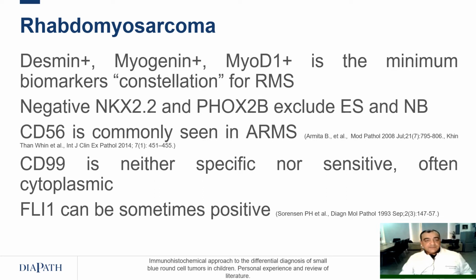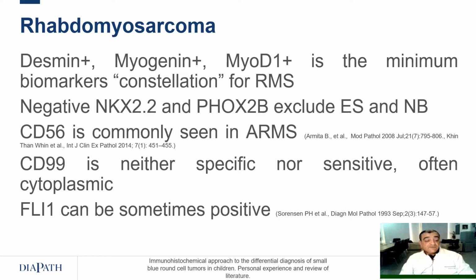So in summary, rhabdomyosarcoma must have a minimum constellation of positive biomarkers in order to be called rhabdomyosarcoma. Those include desmin, myogenin, and MyoD1 positivity, and of course it must be negative for other markers. First of all, negative for NKX2.2 and FOX2B to exclude Ewing sarcoma and neuroblastoma.